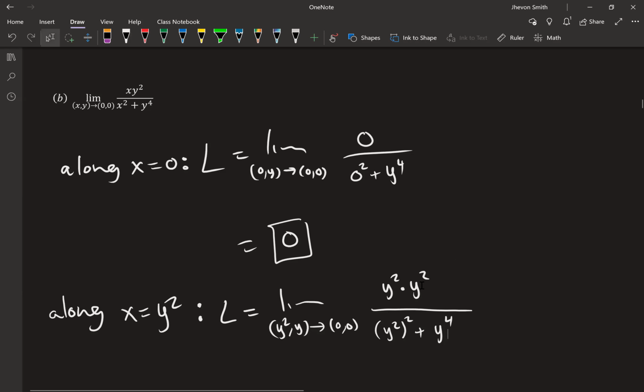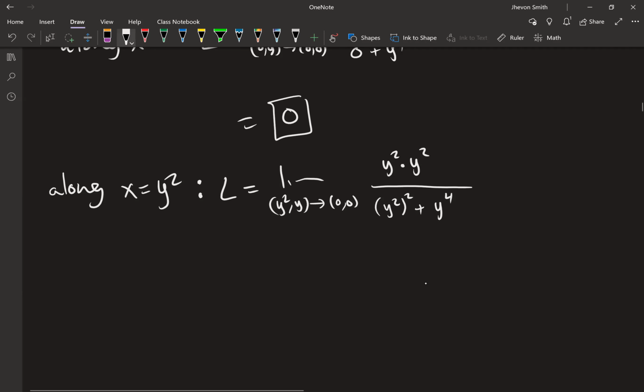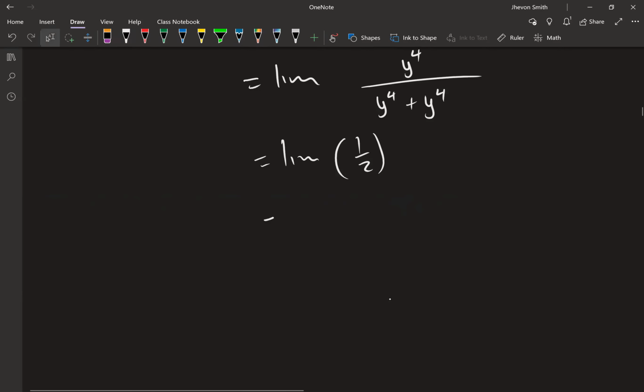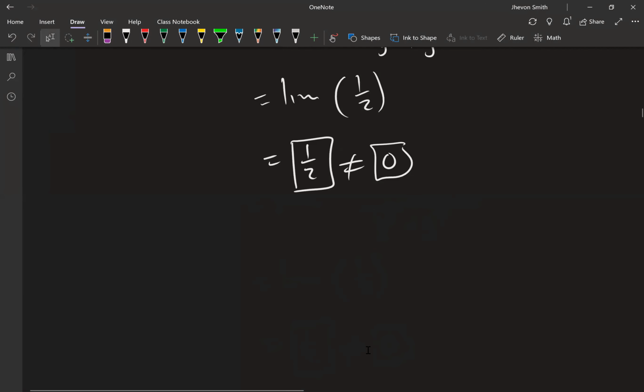Now, what that allows him to do is get a y to the 4th in the place of the x term in the bottom, right? So that's y to the 4th plus y to the 4th, and on top you have y to the 4th. So that again would simplify to a half because you have 2y to the 4th in the bottom. And yeah, that gives you a half here, which is not 0, which we had before.